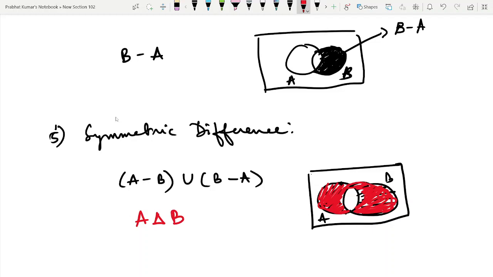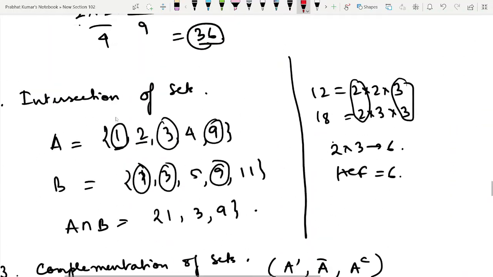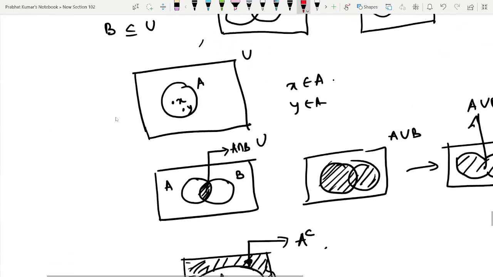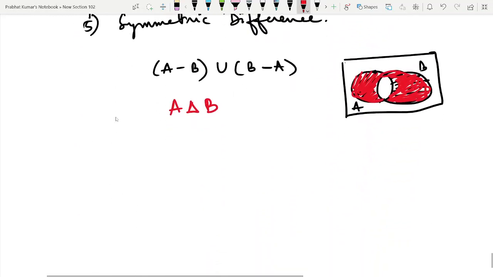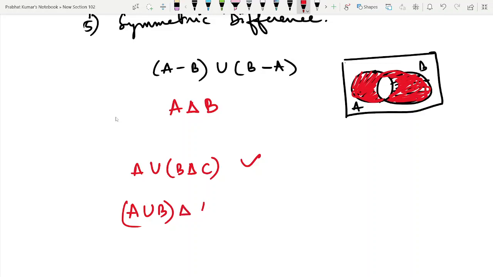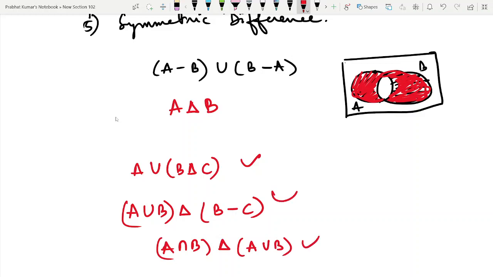This is what we call the symmetric difference. These are the basic operations that we can have on a set. Obviously various types of operations may be used together. For example, you can say A union B symmetric difference C, or A union B symmetric difference B minus C, or A intersection B symmetric difference A union B, or such kinds of things, where all the operators are working together.